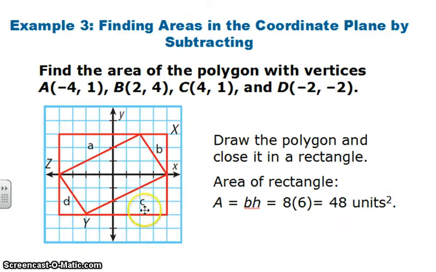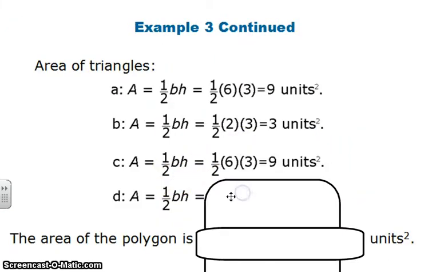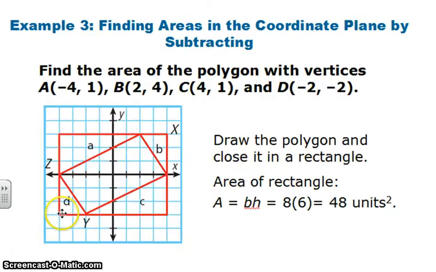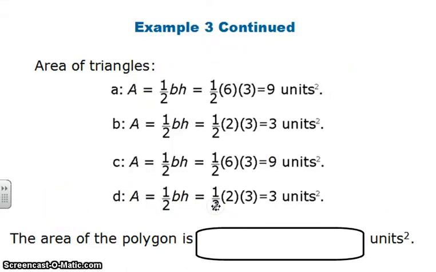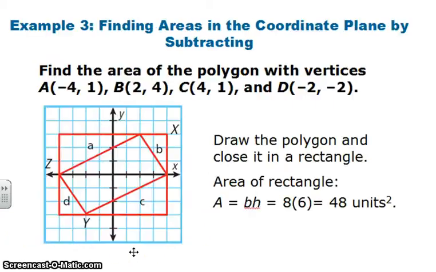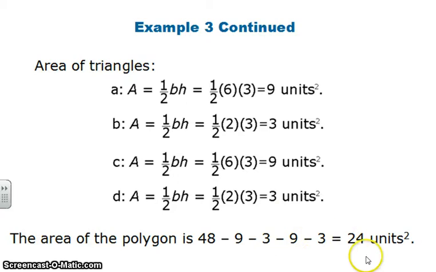C has a base of 6 and a height of 3. So half of 18. And finally D has a base of 2 and a height of 3 again. So we have all of these areas of these triangles. The area then of the polygon would be the entire 48 units squared, and subtract 18 and 6, so 24 units squared, leaving you with 24 units squared.